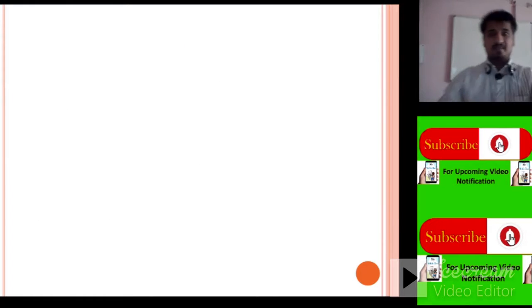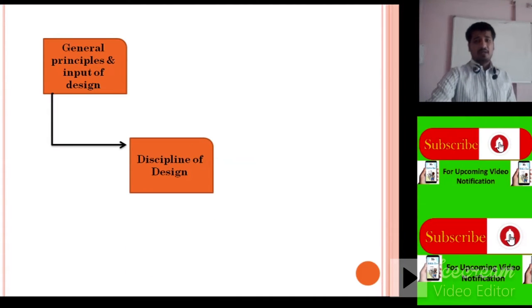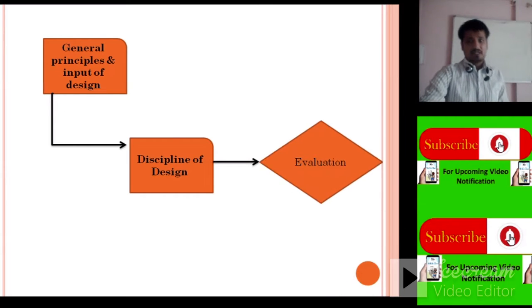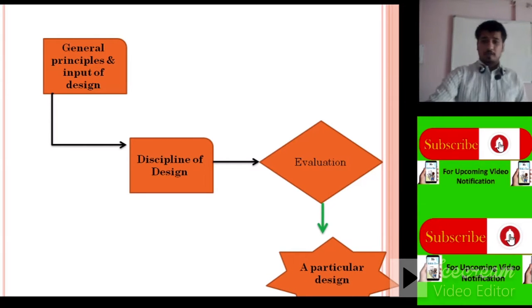Now by using a block diagram we are going to discuss the philosophy of design. The first point is general principle and input of design. Here we have to consider some principles which are important for machine designing purposes, and we have to consider the derivation of that principle as an input for machine designing. After that we have the discipline of design part, and then we have to evaluate. If all the parts are okay, then we have a particular design.